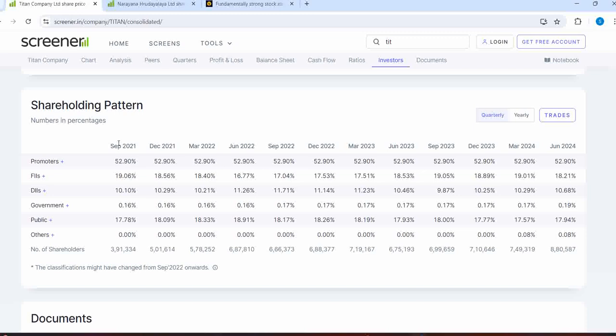We have a practical example of it as well that we will cover in the next videos. So kindly check the shareholding patterns. If the FII stake is more, you can get the guidance.